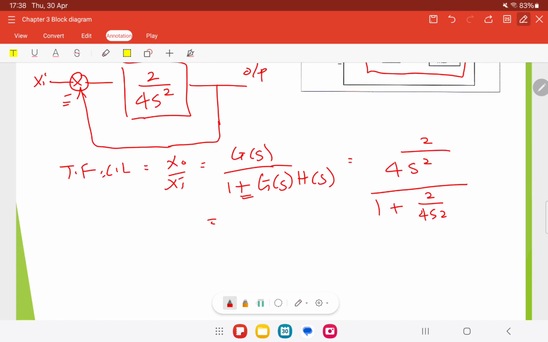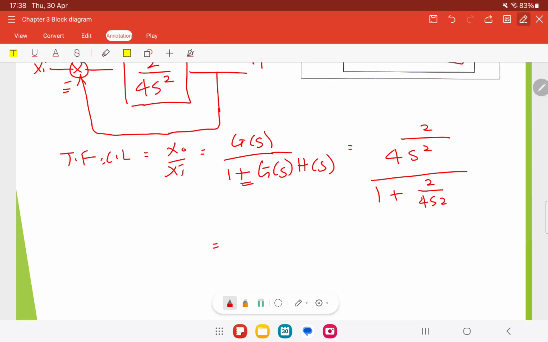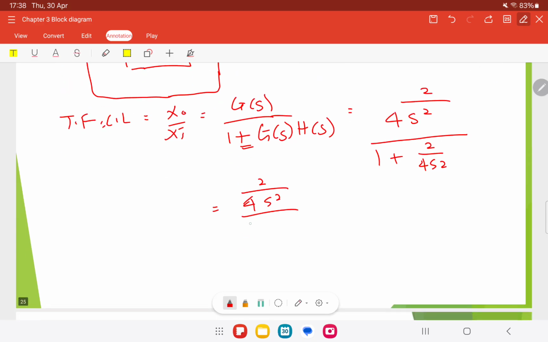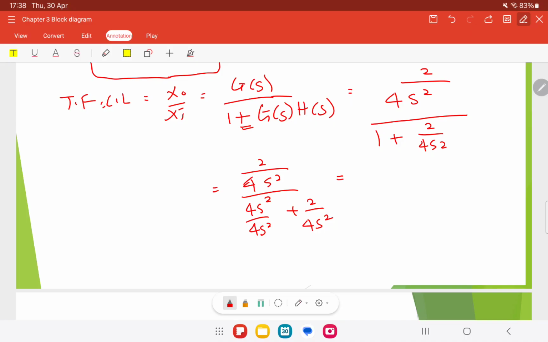And then what you can do, 4s square over 4s square, 4s square plus 2 over 4s square, equivalent to 2 over 4s square over 4s square plus 2 over 4s square.